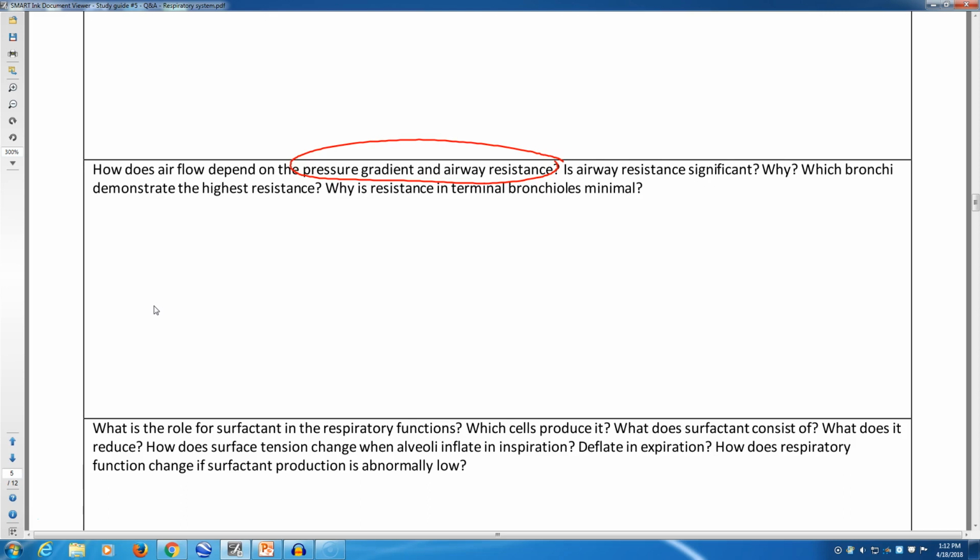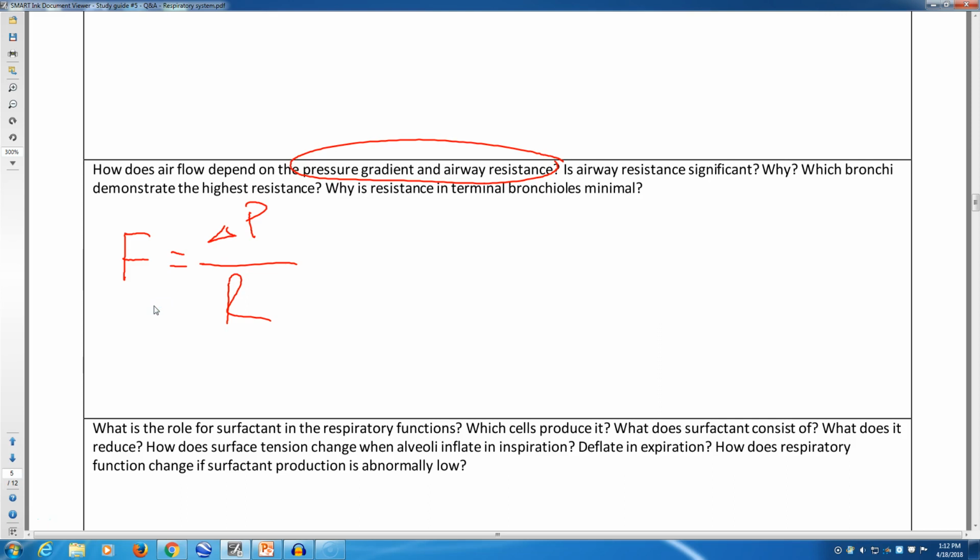Basically, if we want to write down the equation, the flow is proportional to the pressure gradient and inversely proportional to the resistance. Does that make sense? Which means the higher the difference in pressures between the outside and inside, the faster the flow.